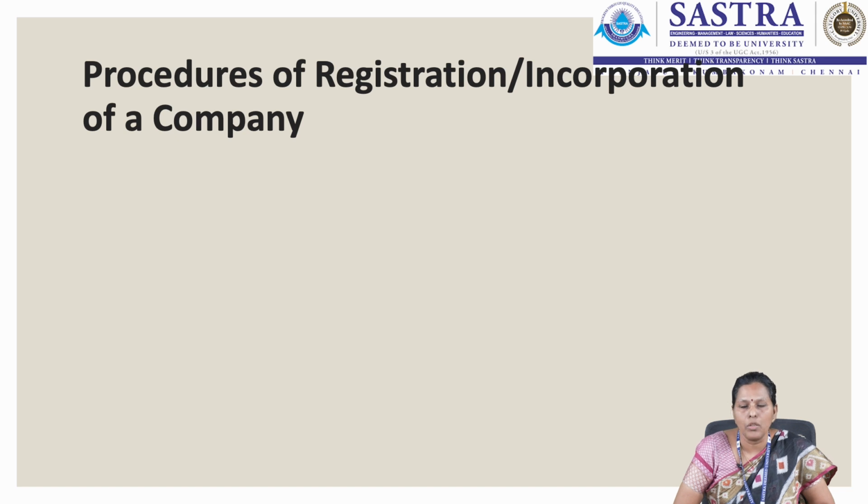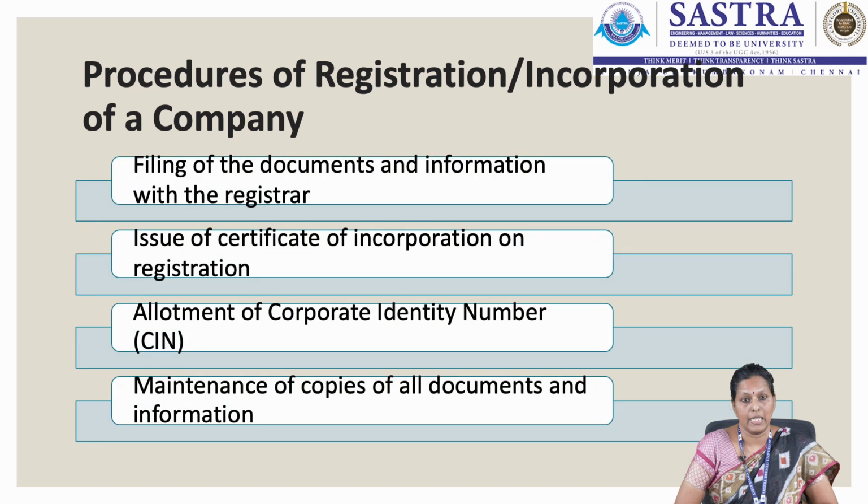And Section 7 of the Companies Act 2013 looks at the procedures or the steps that are involved in the formation of the company. Let's look at each of the steps one by one. The first step is the filing of the documents and information with the registrar by the company.